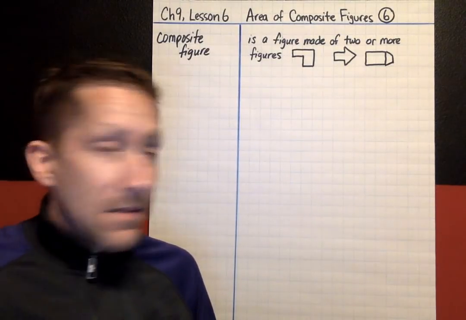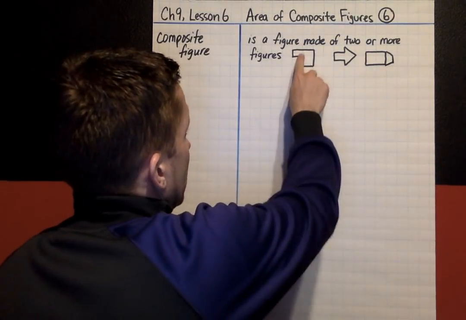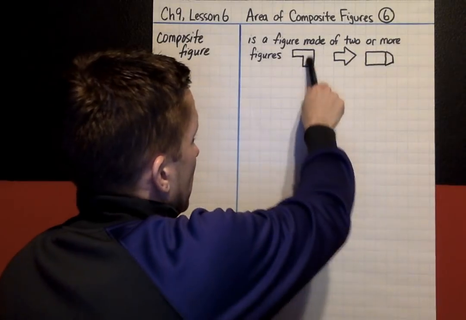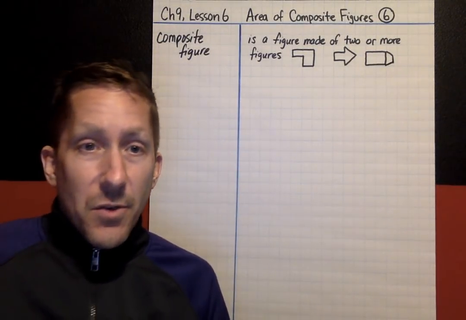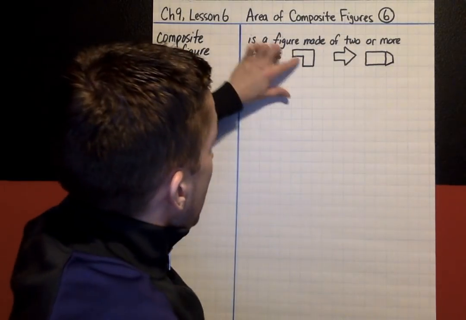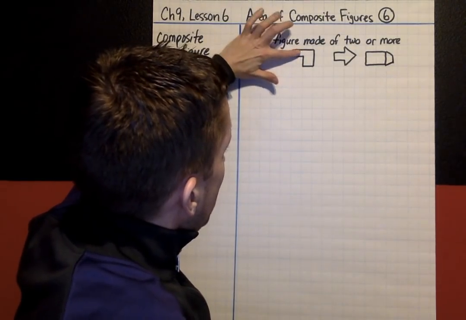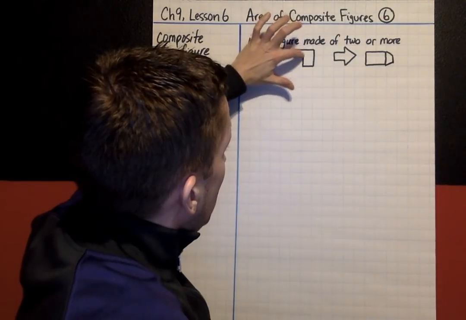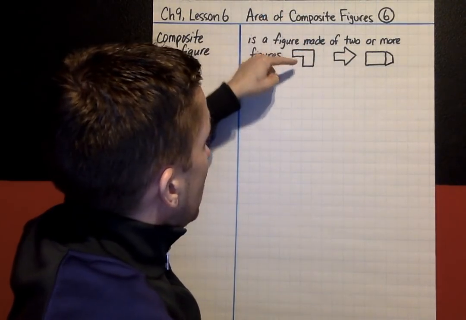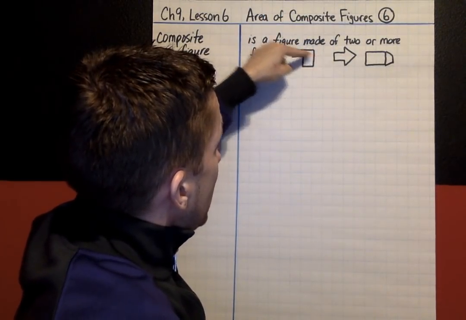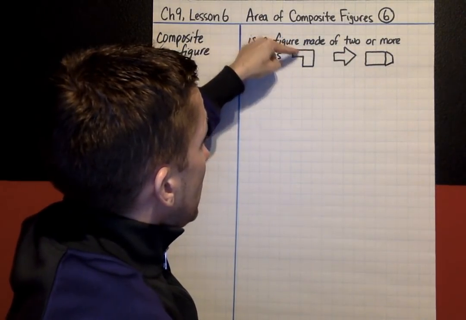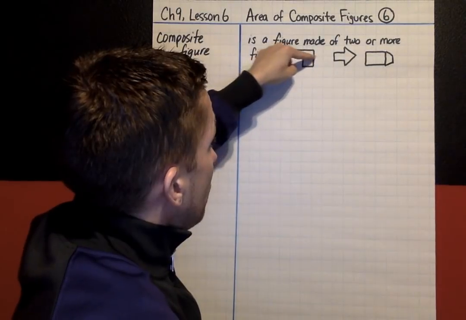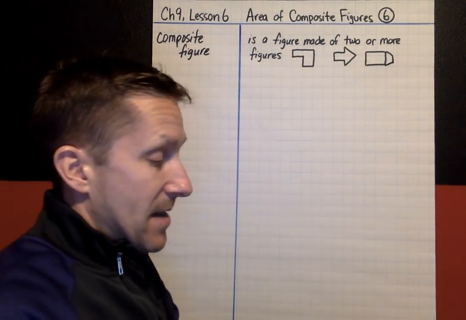This figure right here is kind of like an L shape. It can be divided into two rectangles. I could draw a line up and have this rectangle along with this rectangle. I could also draw a line right here and make a longer, skinnier rectangle on top, and then a rectangle on the bottom.